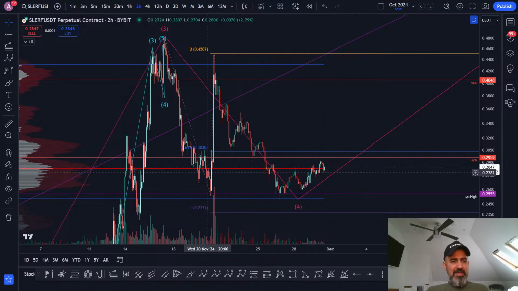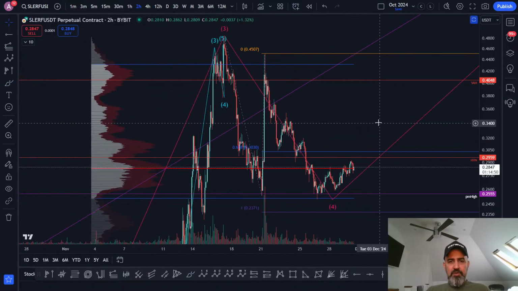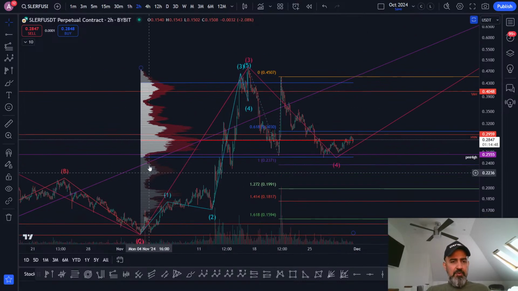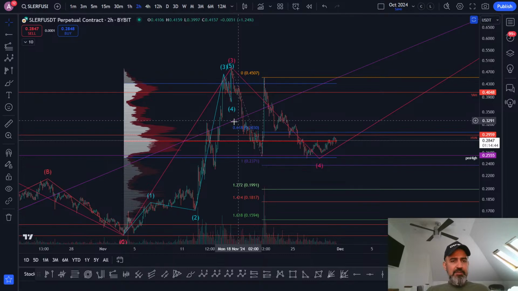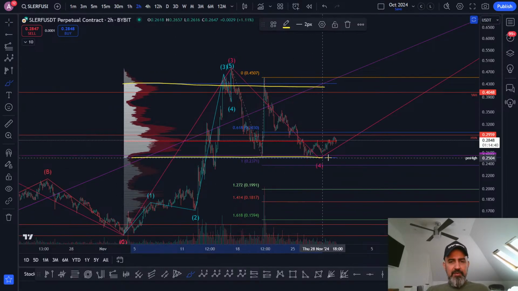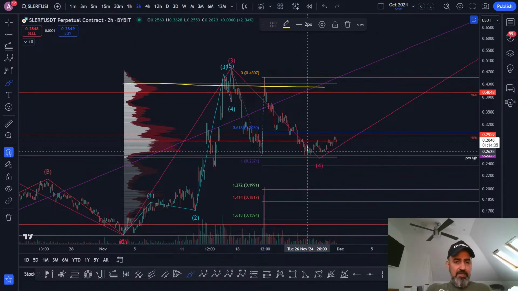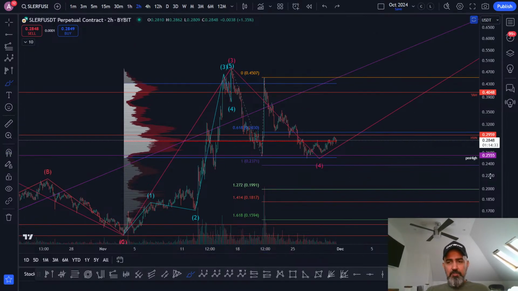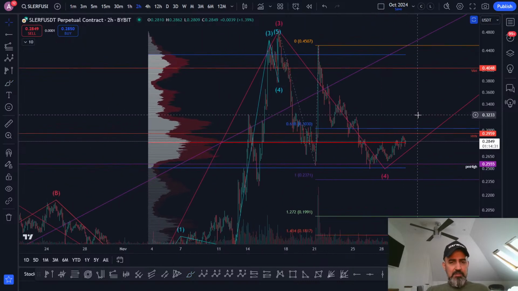But I think fundamentally what I still want to see, even though on this kind of wave 3 volume and then all the way through to this wave 4 correction, we're in the value area. You can see this is the value area. And we're at the point of control of this kind of wave 3 to 4. Okay. So it's not looking bearish to me.